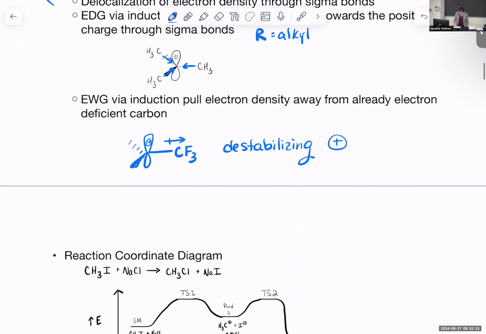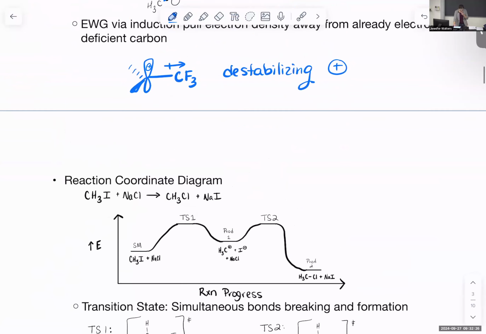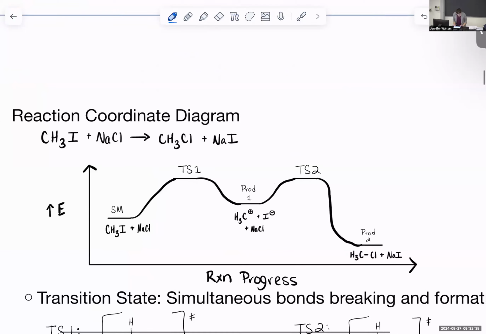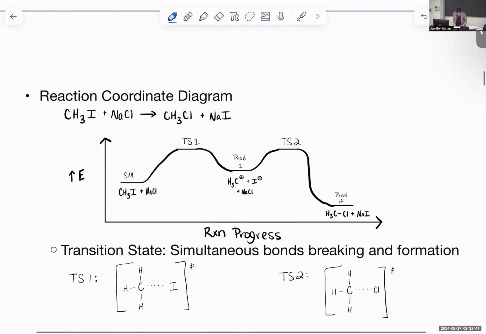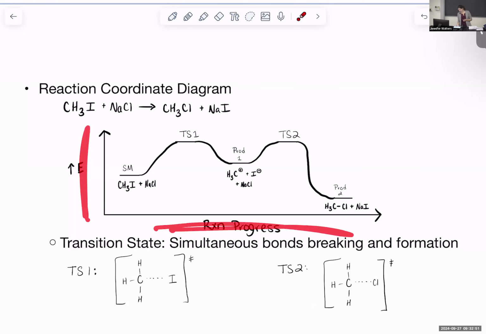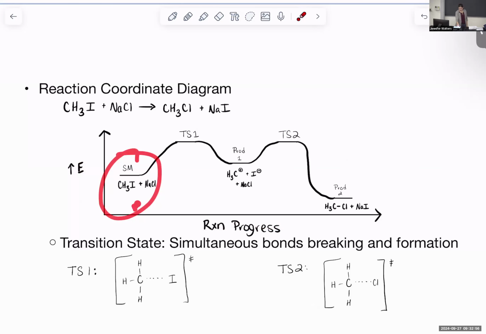All right. Our reaction coordinate diagrams are where we're seeing this general reaction happen, where we are looking at energy on the y-axis, reaction progress on the x. So that means that we start over here, these are our starting materials, and we're going to see the reaction occur ending up with our product.